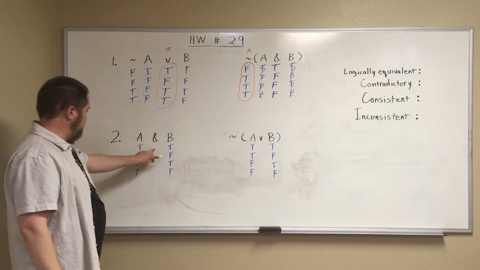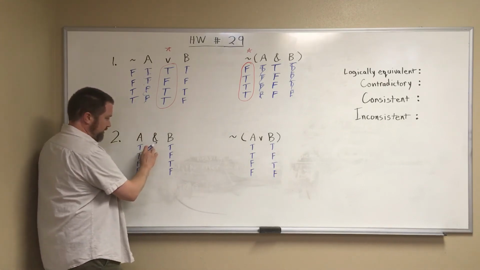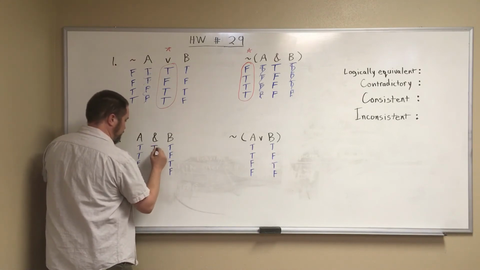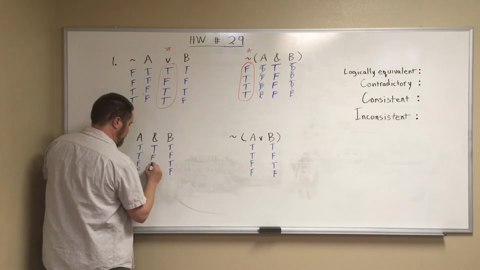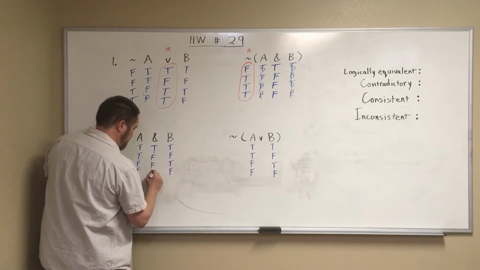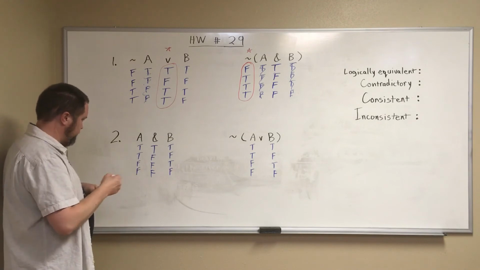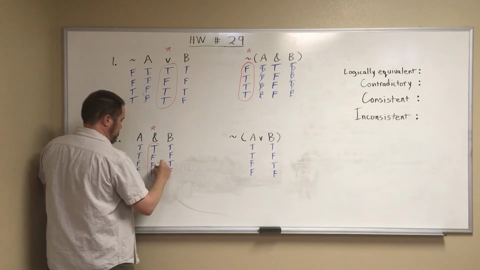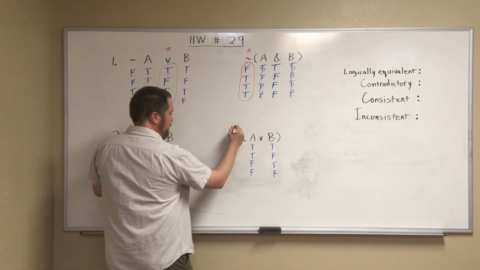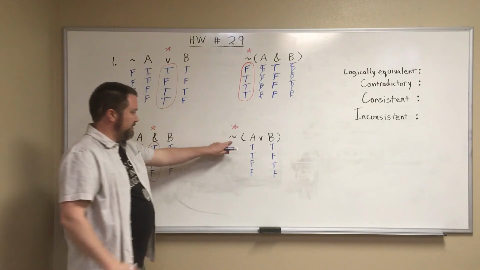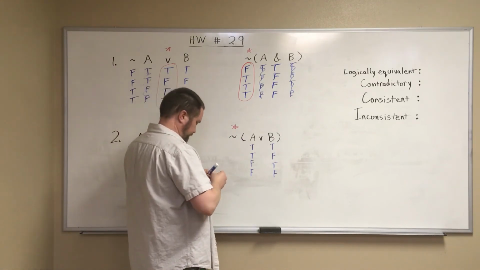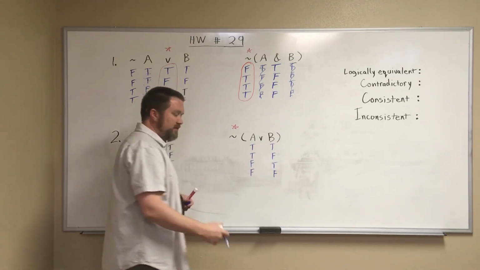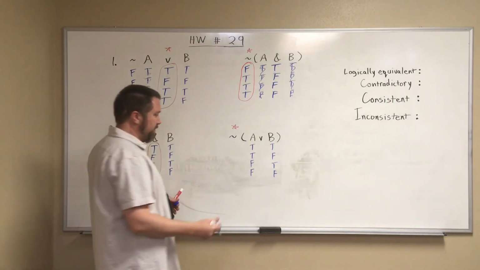So filling out the truth table of this one, it's pretty easy. Just the conjunction of these two, so they both have to be true. So we have true, and then at least one false for each of the other three lines. So that one, since the conjunction is the main operator, we're looking at this column here. The second statement, the negation is going to be the main operator. So let's just do the disjunction of A and B. Disjunction means either one can be true for it to be true.